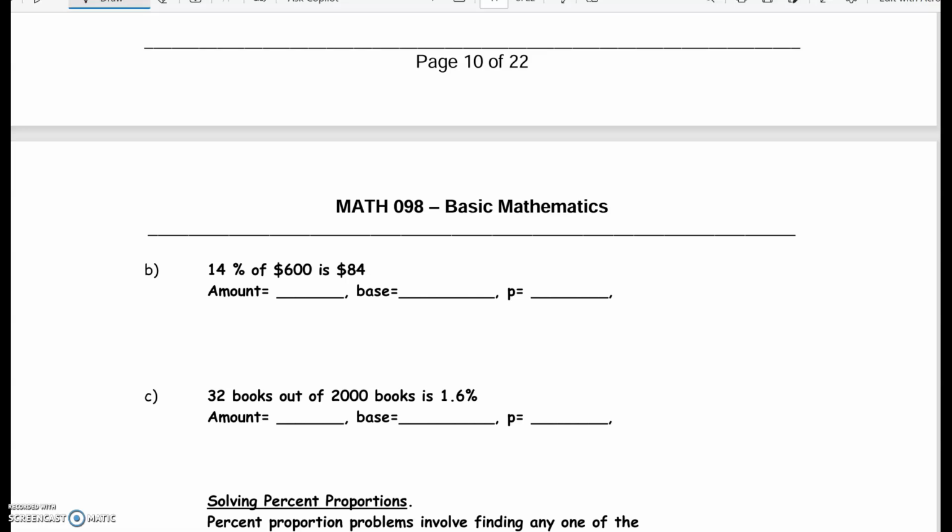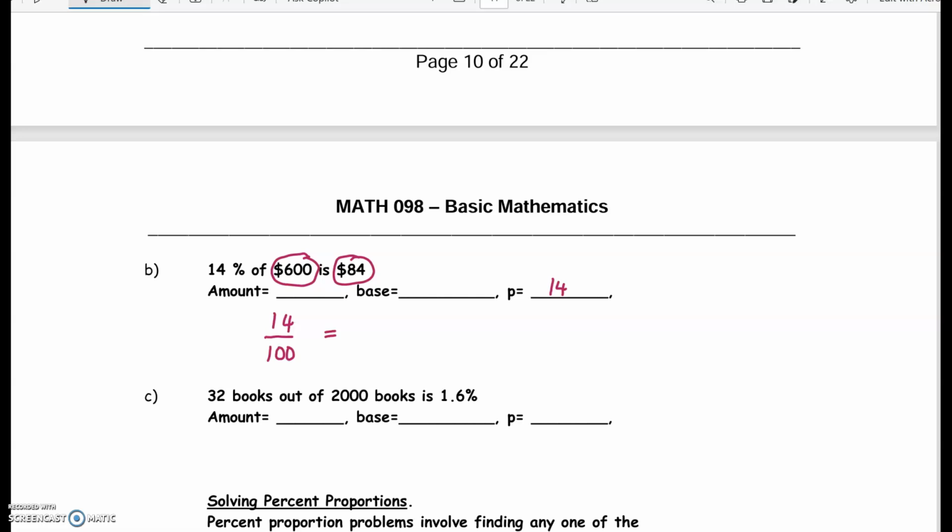14% of 600 is 84. So 14 per 100, that's 14%, is equal to, now 14% of the whole is 84.